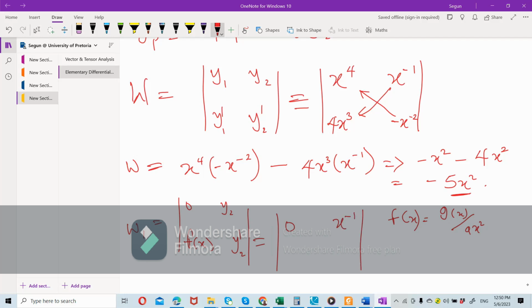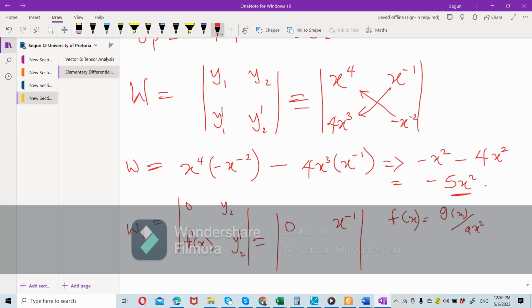Can we calculate g of x, f of x, everybody? Calculate your f of x and tell me the answer. I just told you f of x is g of x over ax squared. All you need to know is what is our ax squared. We know our a to be 1, and we know x squared. So all you need to do is just to divide it by x squared.